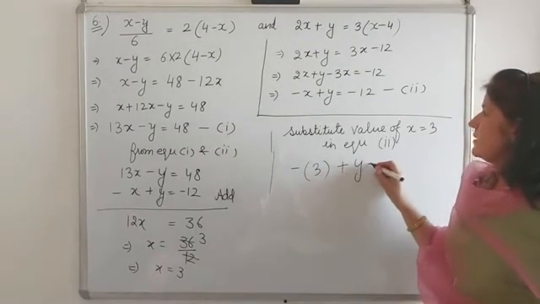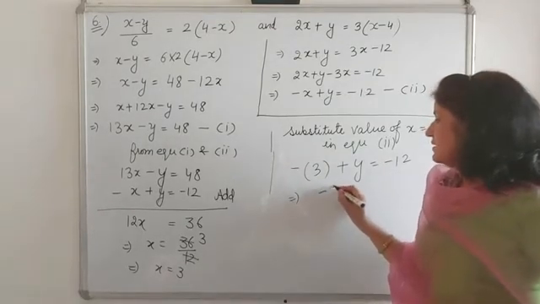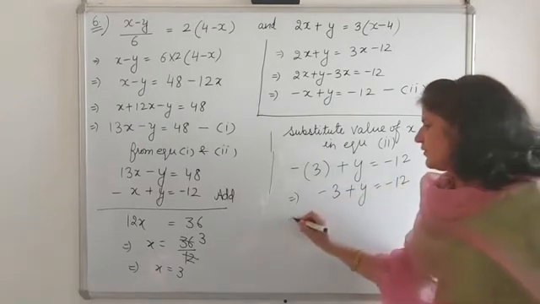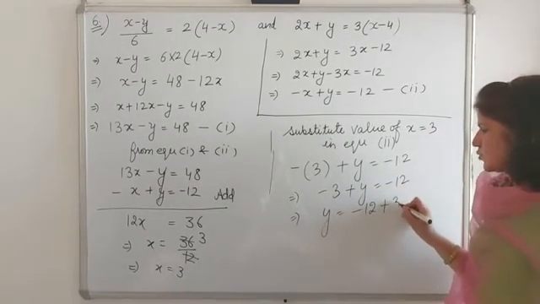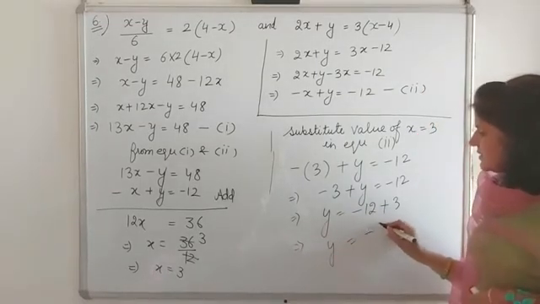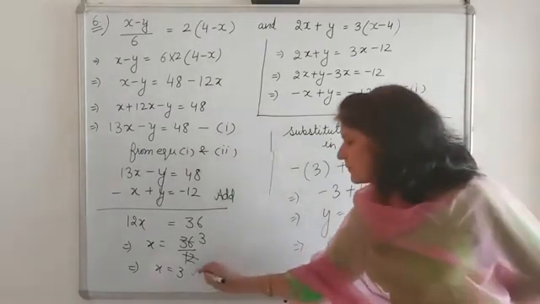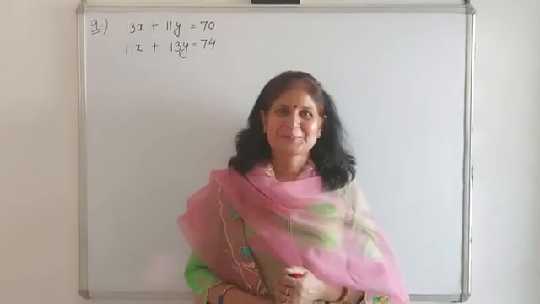Plus y is minus 12. So minus 3 plus y is minus 12. Minus 3 will go that side in plus. So what will be the value of y? It is minus 9. Like this you can find out the value of x and y, and this is the solution.